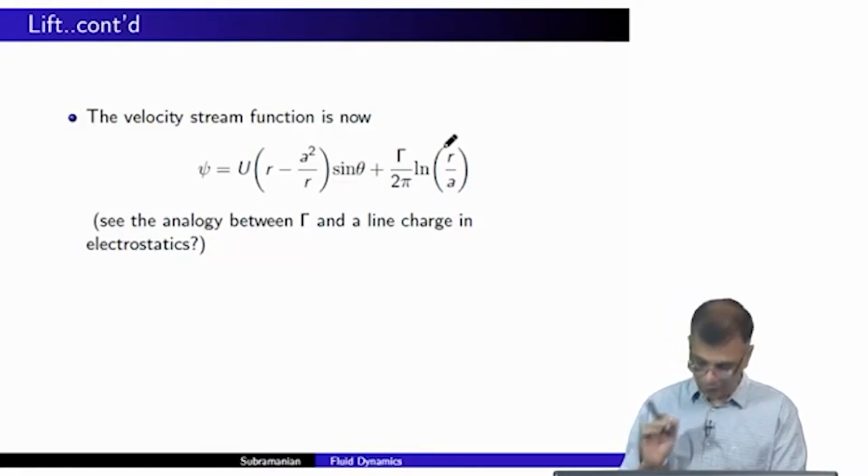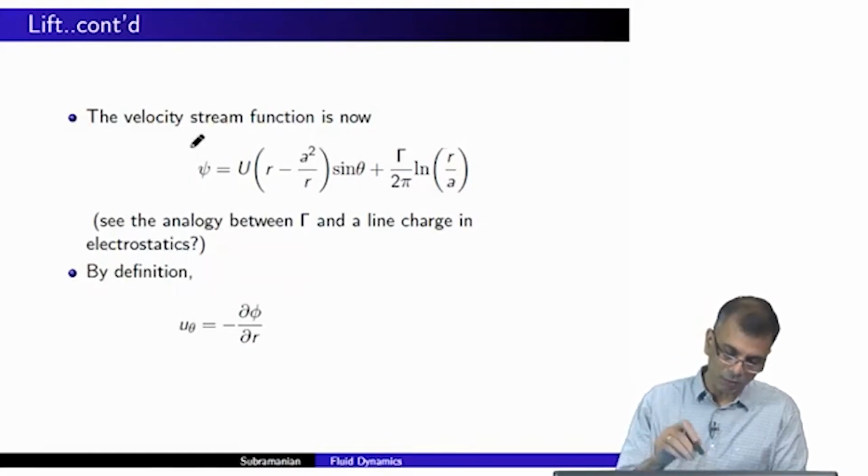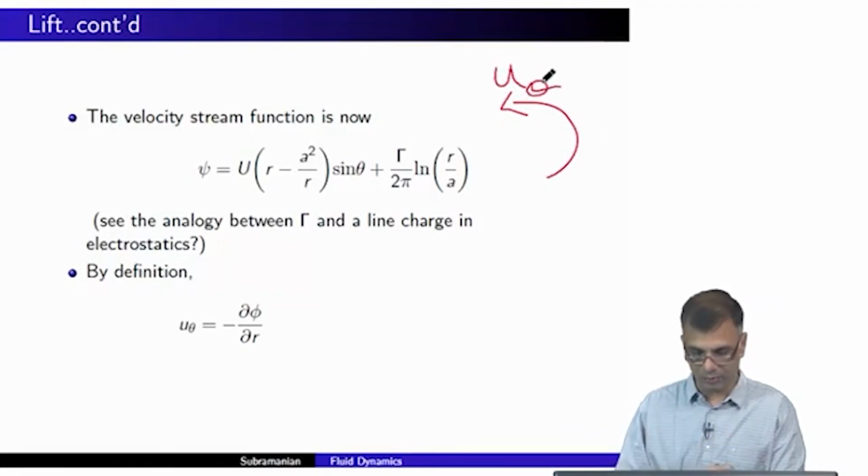So you take the curl, and by the definition there's a relation between the stream function and the potential, and so the theta directed velocity is equal to this.